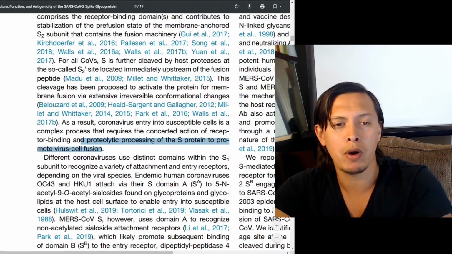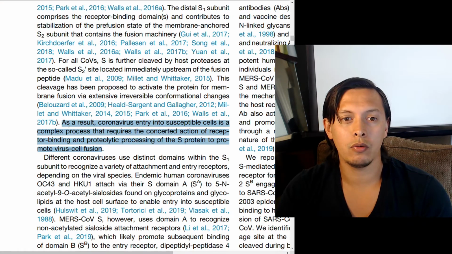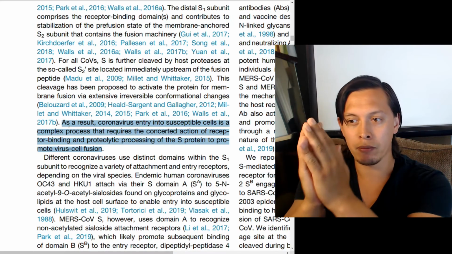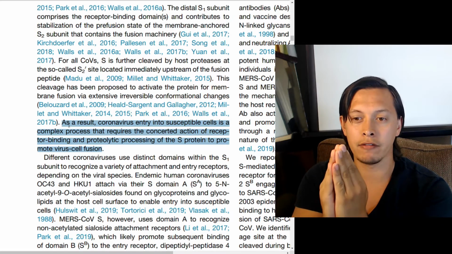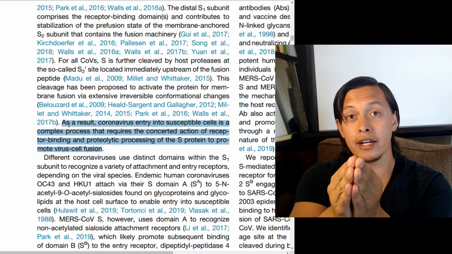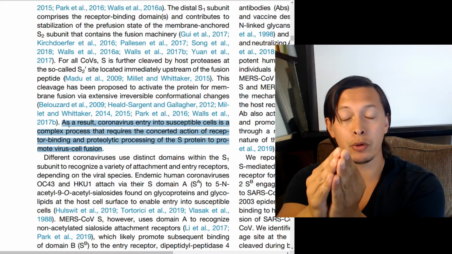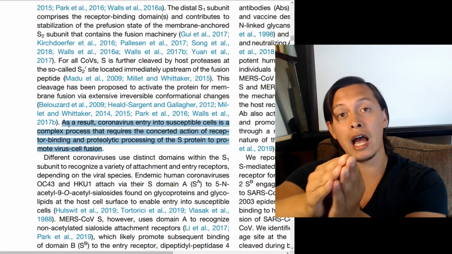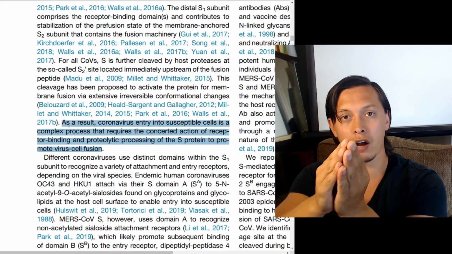And why would this be a strategy? So the strategy that the virus is employing is it wants to have one protein do multiple functions. And one can assume that the function of binding to the receptor is going to require one shape of your protein, but there might be a completely different shape of your protein that will allow the genetic material of the virus to enter the cell.